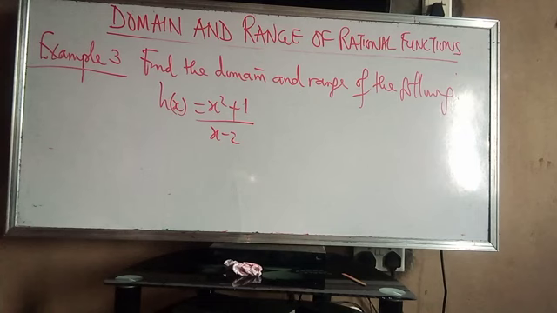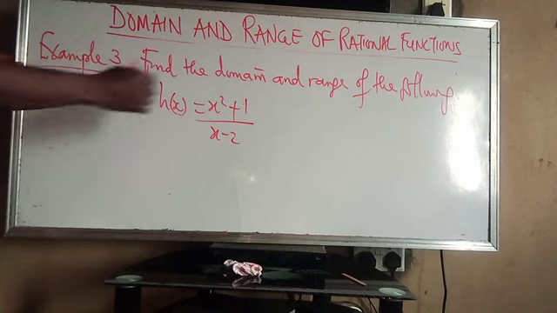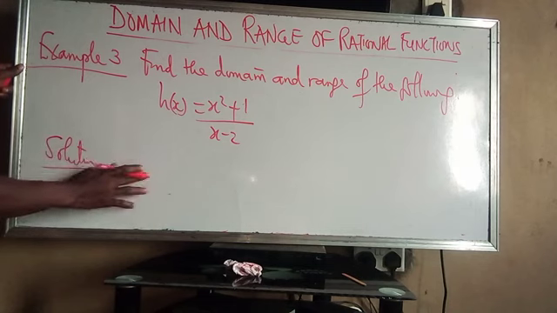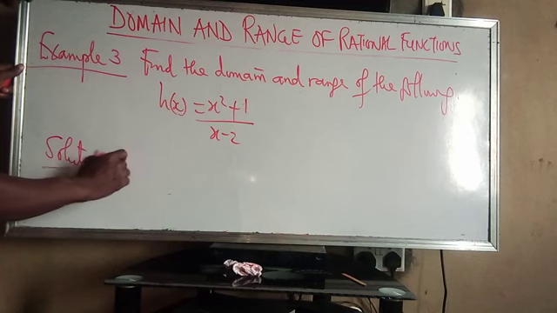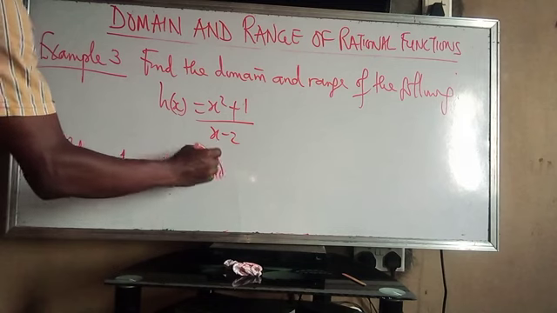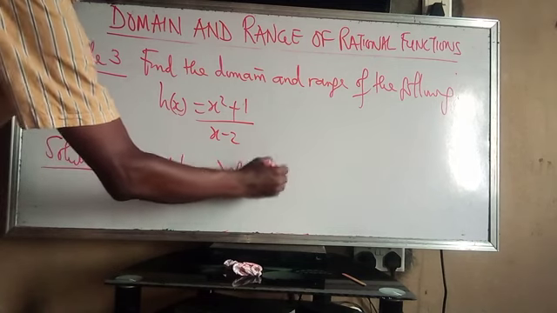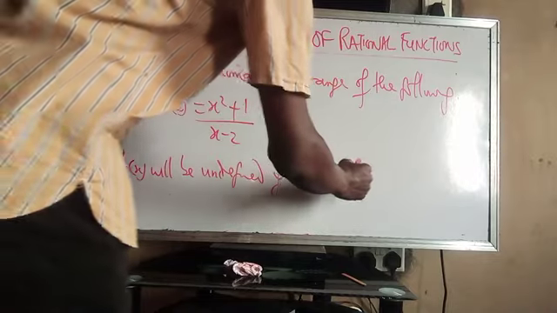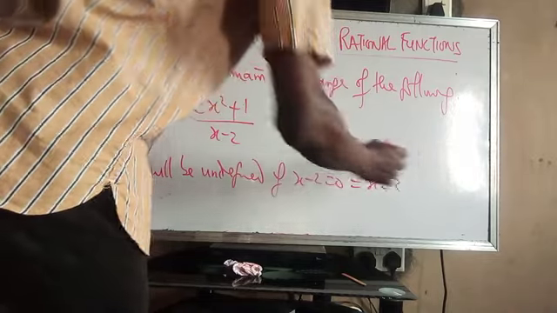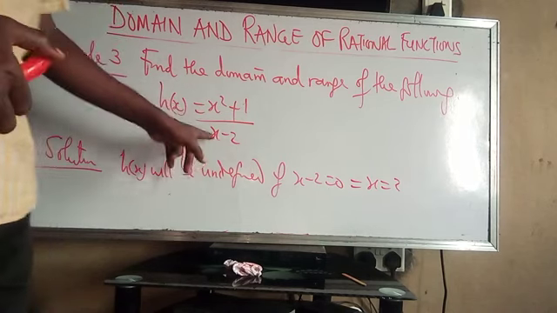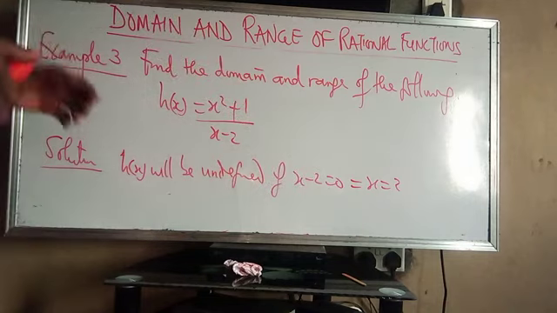Fine. Now, without wasting our time, this expression will be undefined. The h of x will be undefined if x minus 2 equals 0, which implies that x will be 2. So, if x minus 2 equals 0, x will be 2. By the time x equals 2, this expression will be undefined.